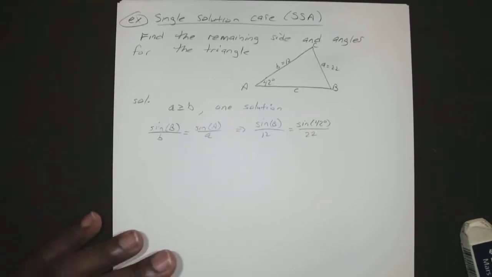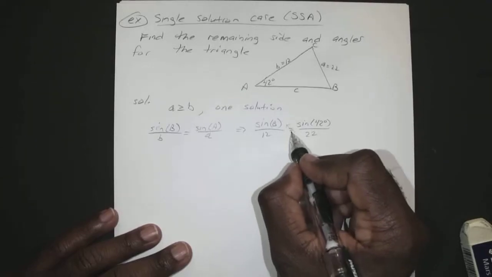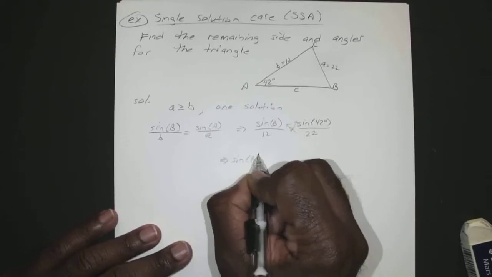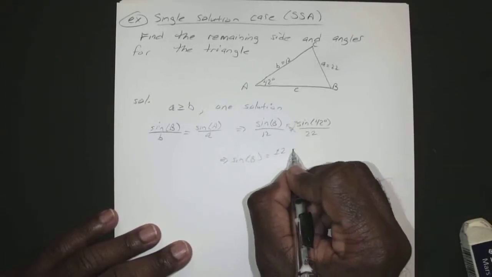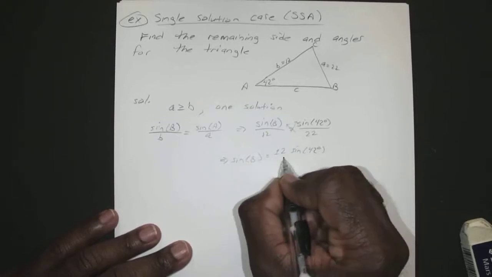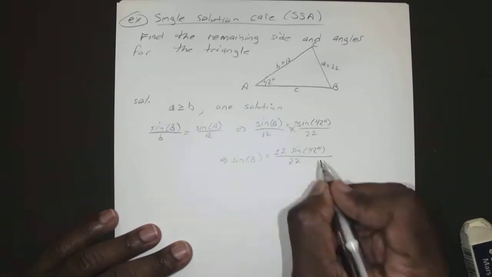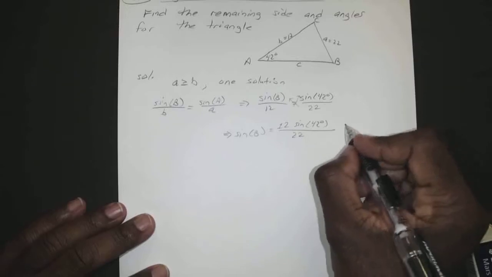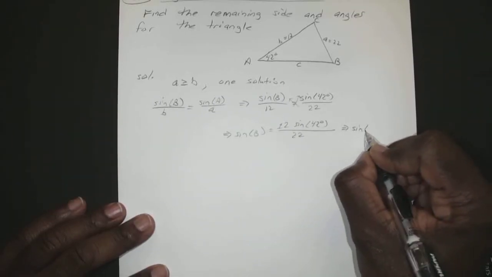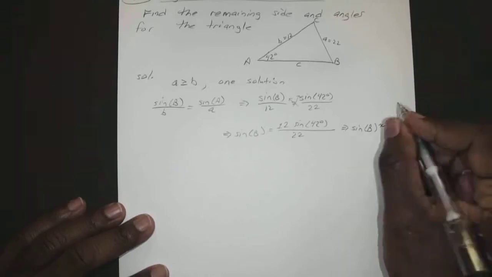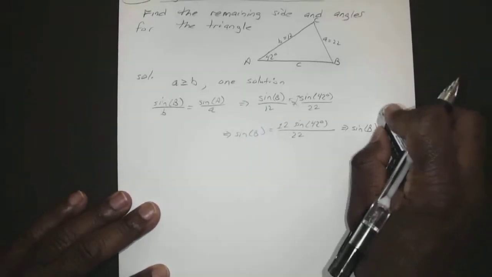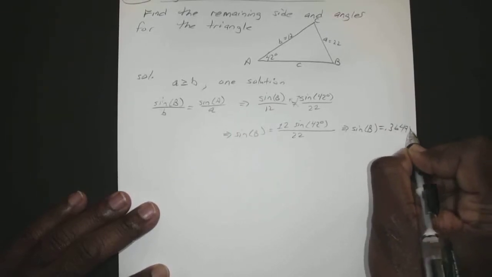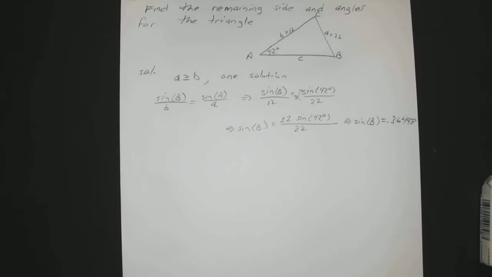Okay, so if we go ahead and do our cross multiplying, we'll end up with sine of B is equal to 12 times sine of 42 degrees divided by 22. Which means that sine of B will equal 0.36498.